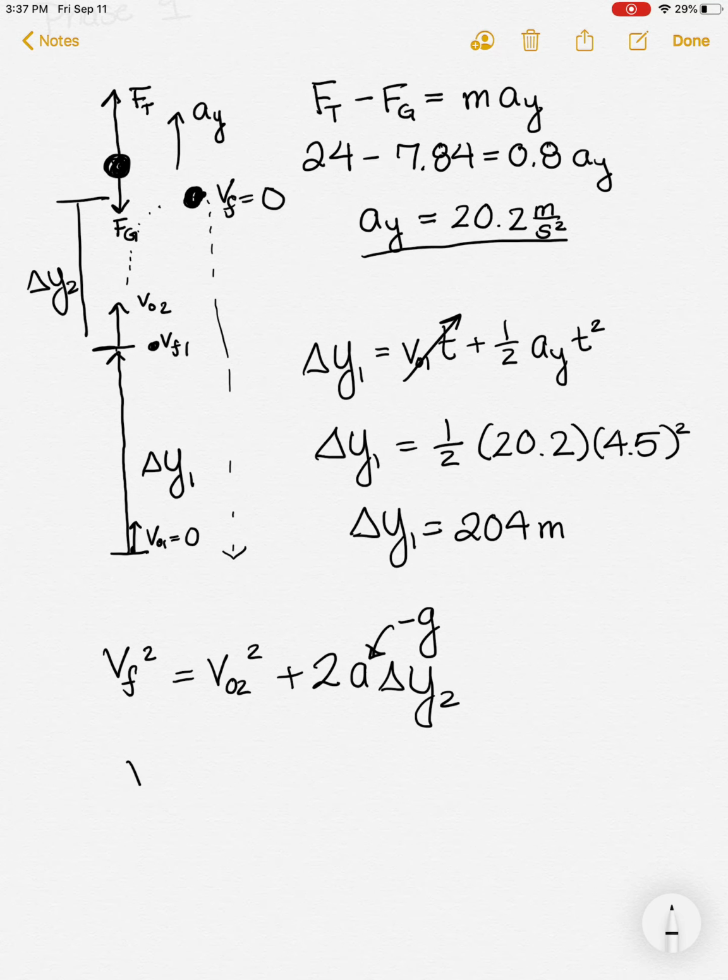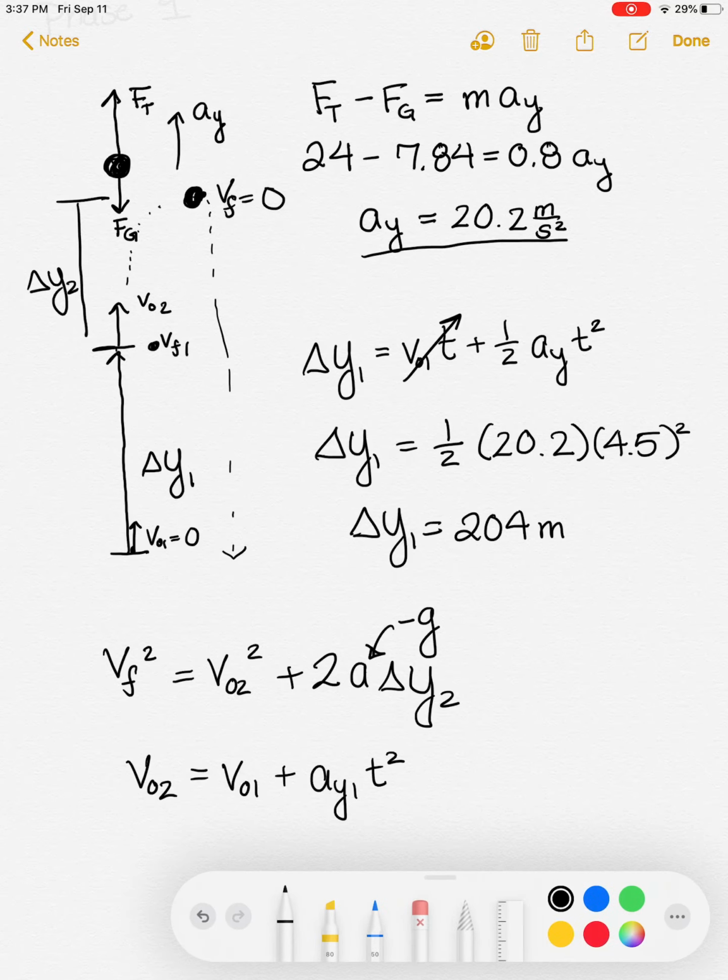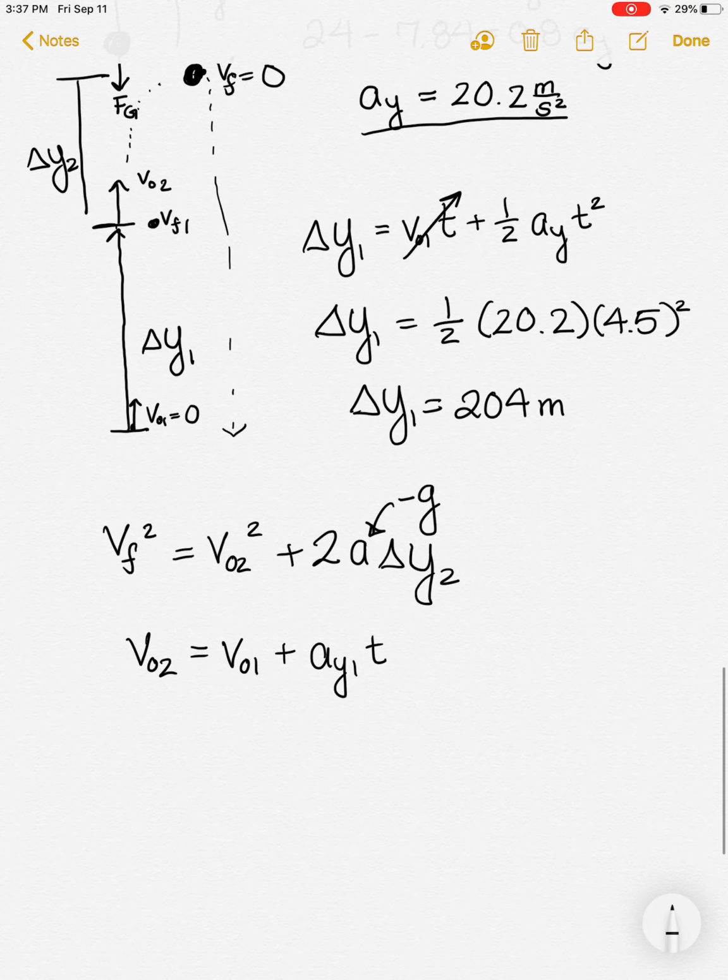So then we have v02 is going to be equal to v0 initial for the first leg plus our acceleration of the first leg times time, not squared.